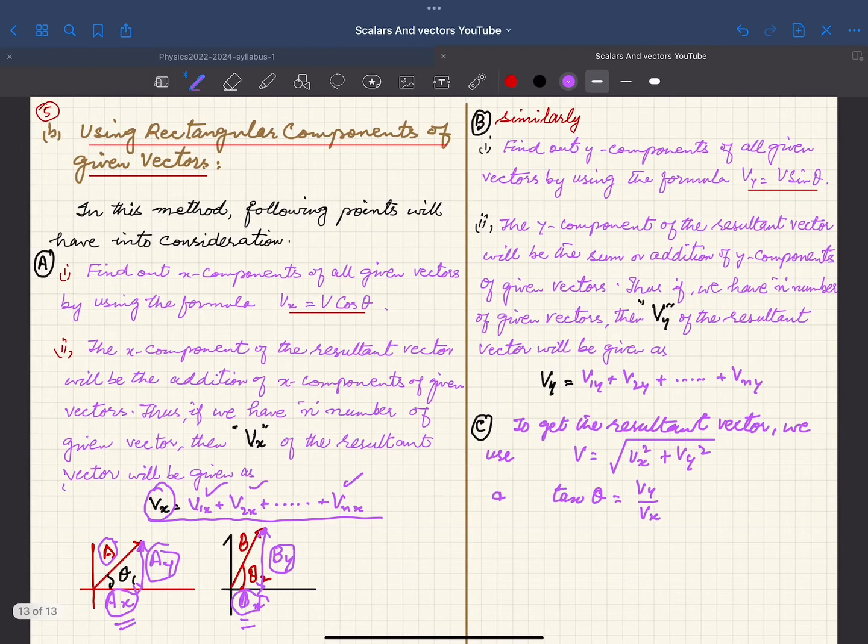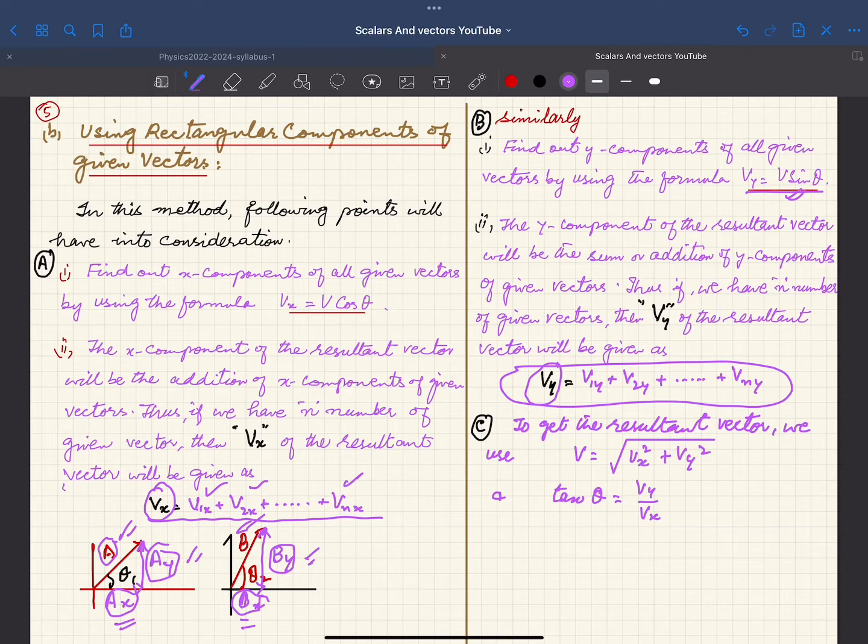Similarly, as you have this formula, Vy is equal to V sin theta for the y component of vectors. By using the values here, you can find the y component of your vectors a and b, and then you will add these components, and the result is the y component of the resultant vector.